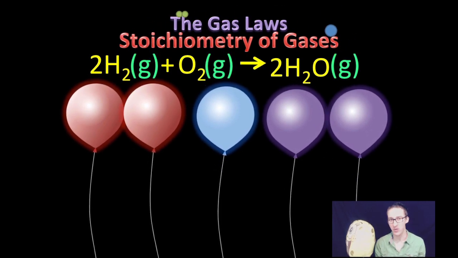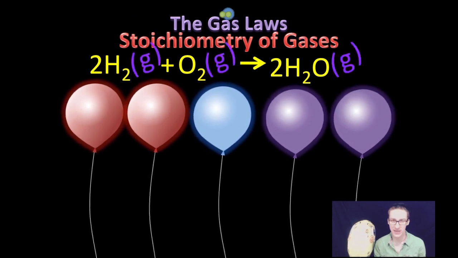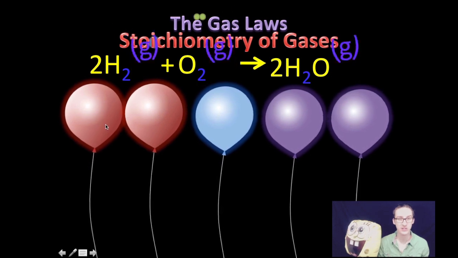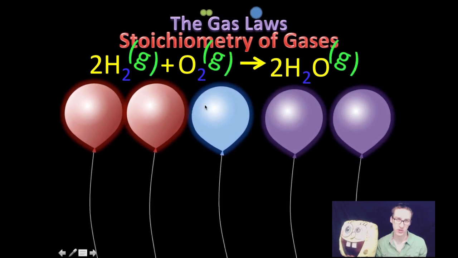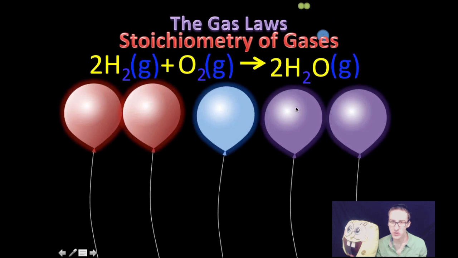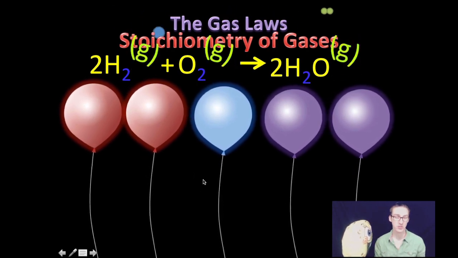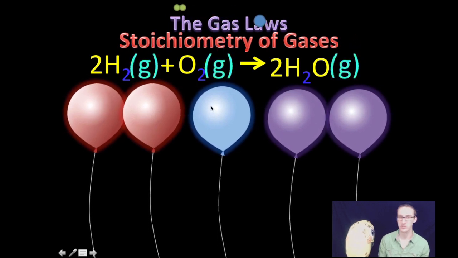So in this example, where all reactants and products are in the gas phase, there exists a ratio where 2 equal volumes of hydrogen plus 1 equal volume of oxygen will yield 2 equal volumes of water vapor. Again, keep in mind that those coefficients give us the volume ratio.